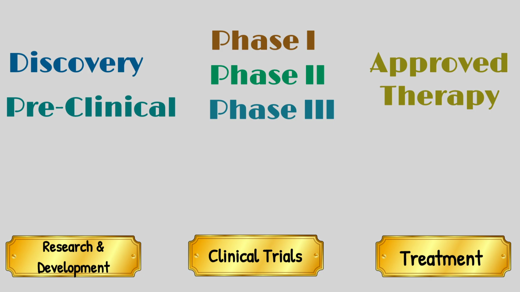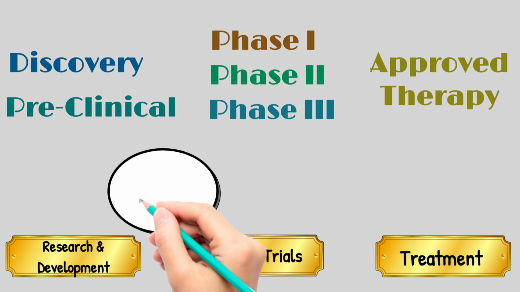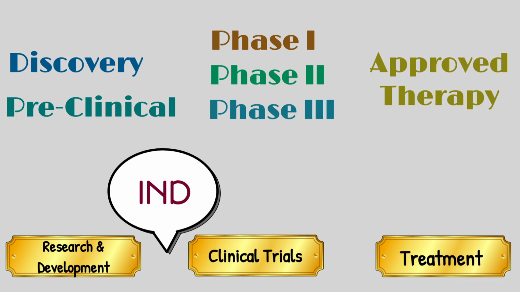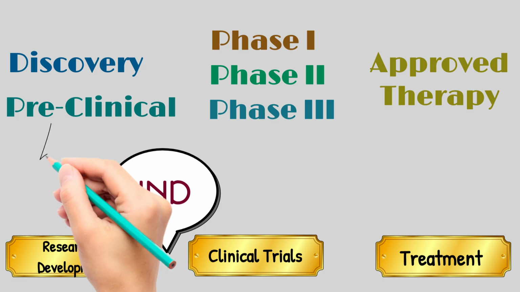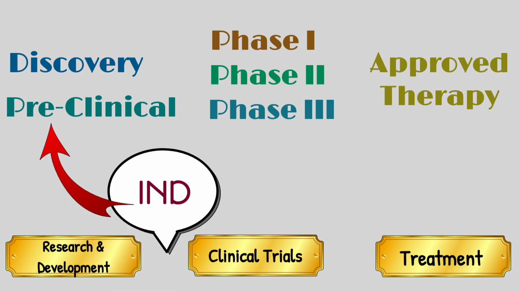After research and development step and before starting clinical trial step on investigational drug, research group responsible for developing the drug or sponsor company need to file investigational new drug application. This investigational new drug application contains all data and safety profile of preclinical trial. Once investigational new drug application is approved by Food and Drug Administration, then only research group or sponsor company can proceed with the human trials.